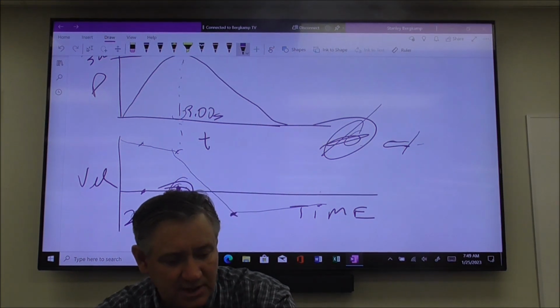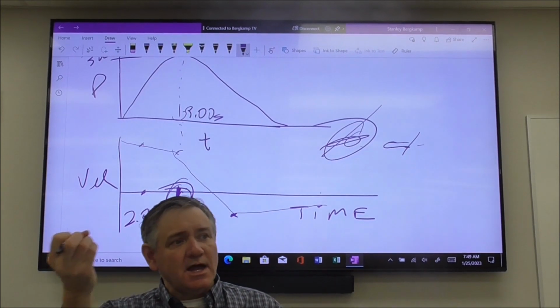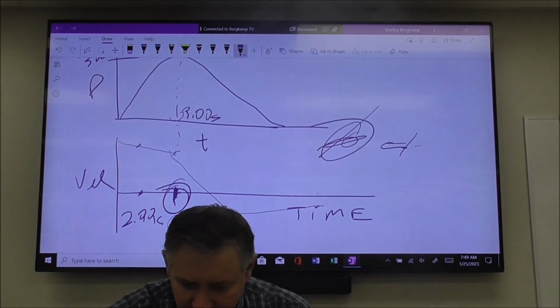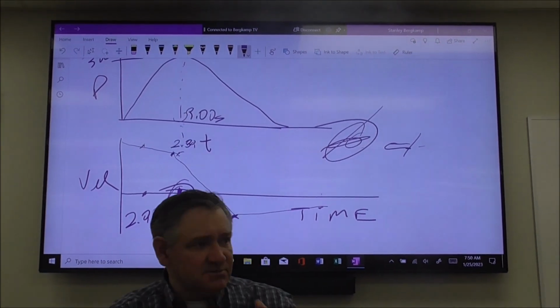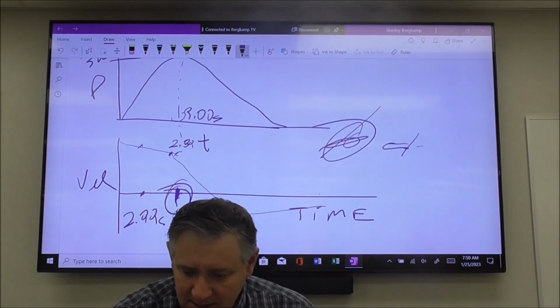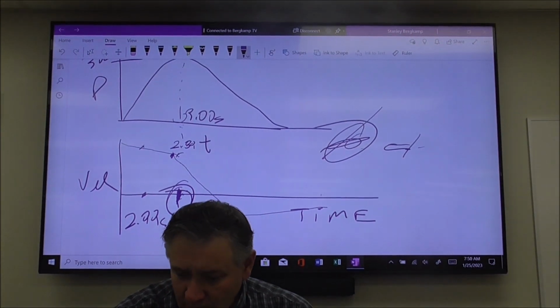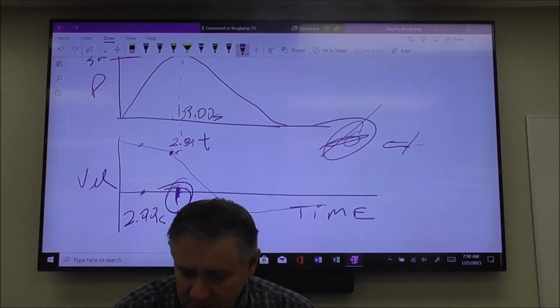Down below here, I need to figure out when the plunger hit and when the plunger released. So I'm going to go back here to 2.99, subtract a tenth of a second and come back to 2.89, and then move forward a tenth of a second to 3.09.